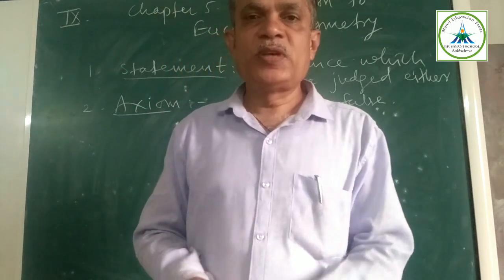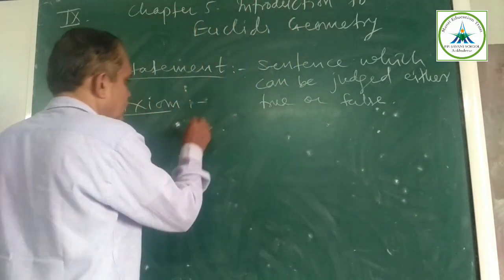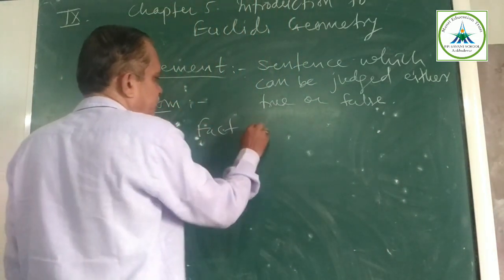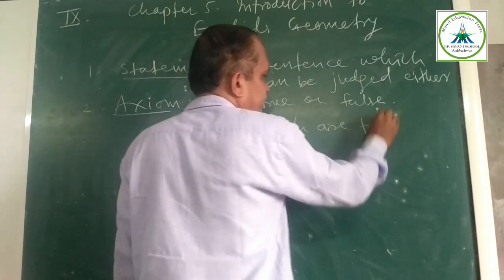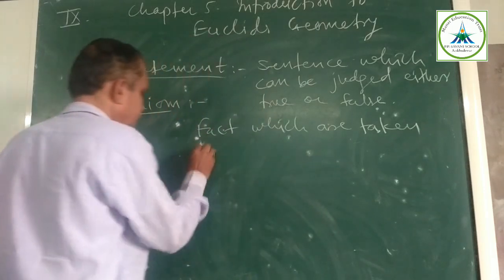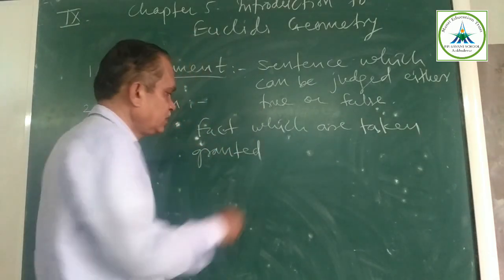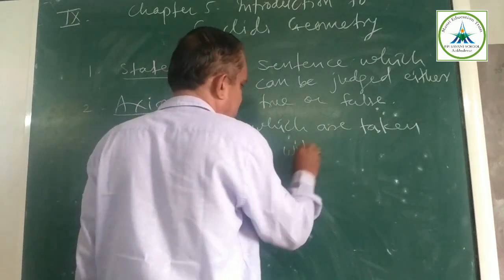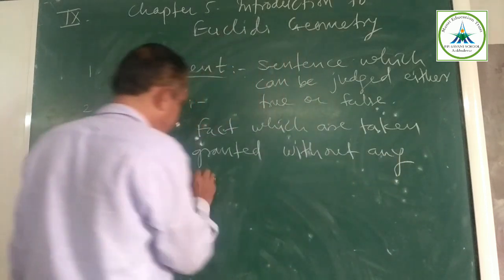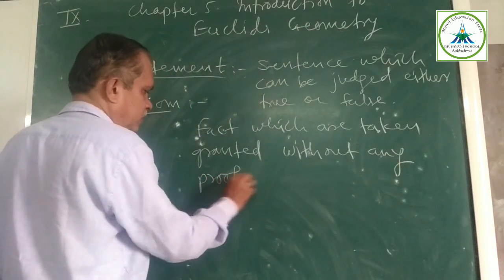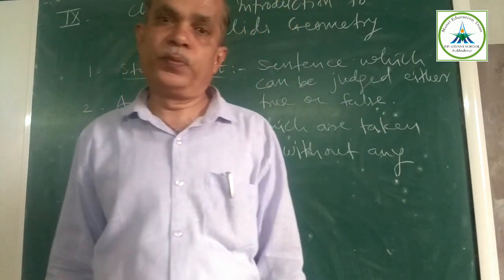So axioms are the facts which are taken for granted without any proof.